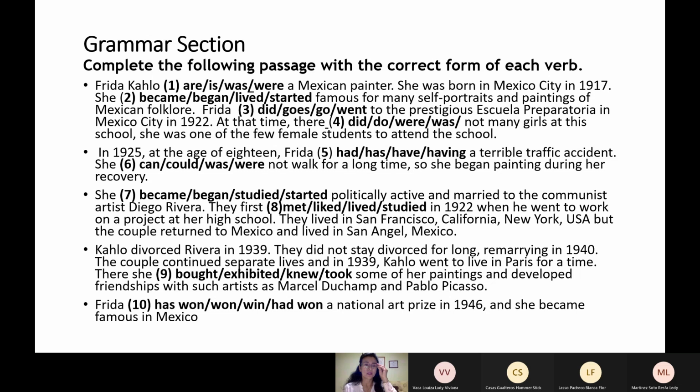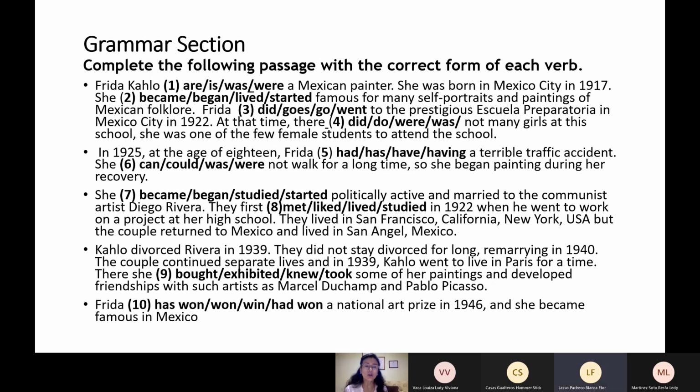Very good. In 1925, what happened in 1925? At the age of 18. Blanca, can you see the screen? Yes, teacher. Okay. In 1925, mire que sigue hablando en pasado.